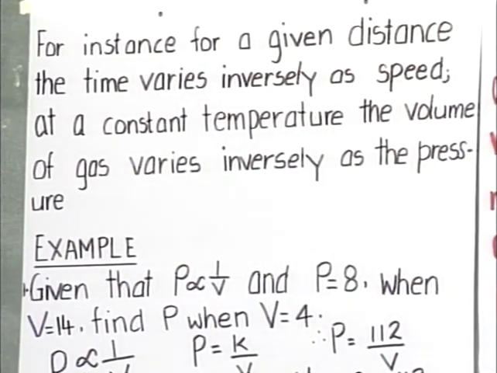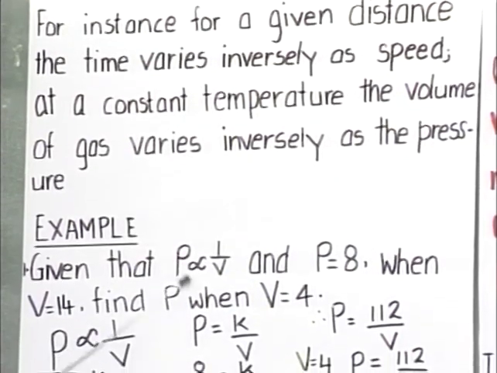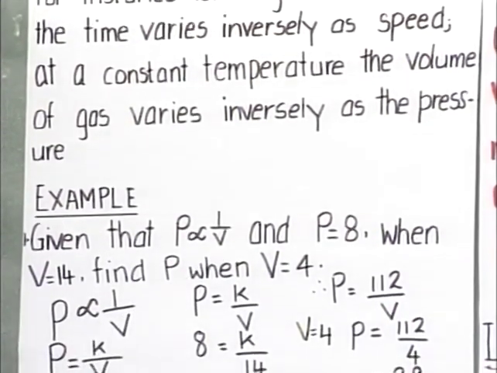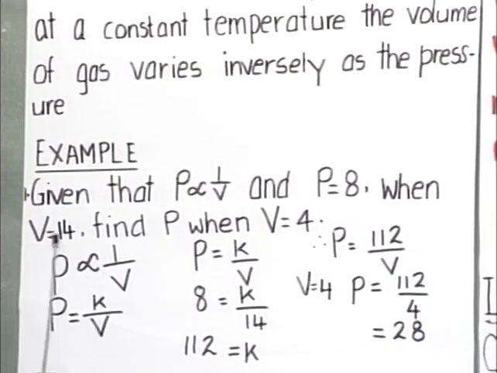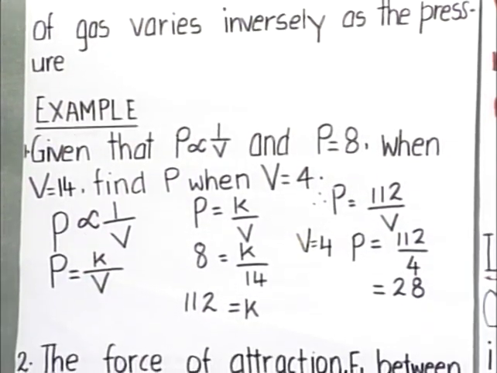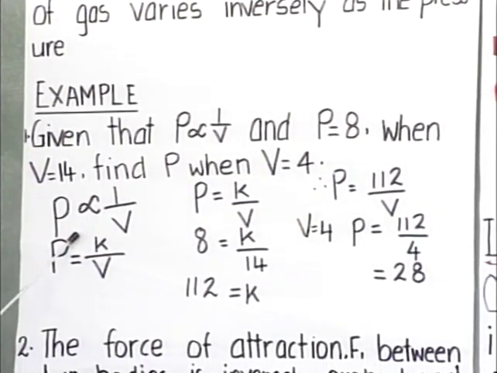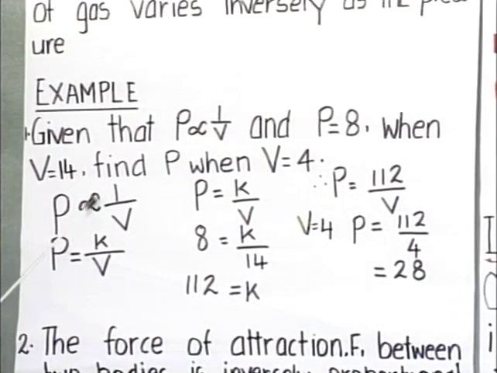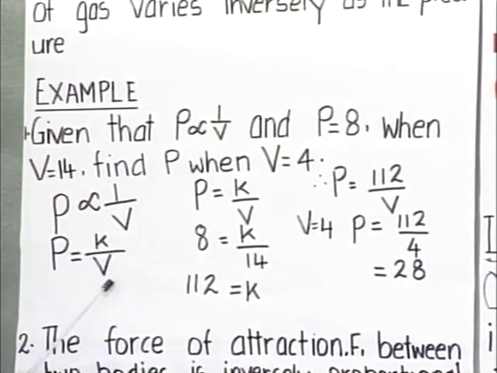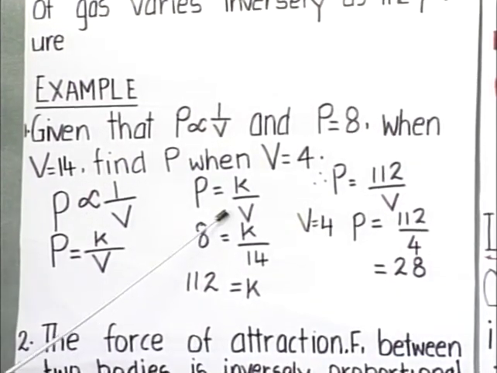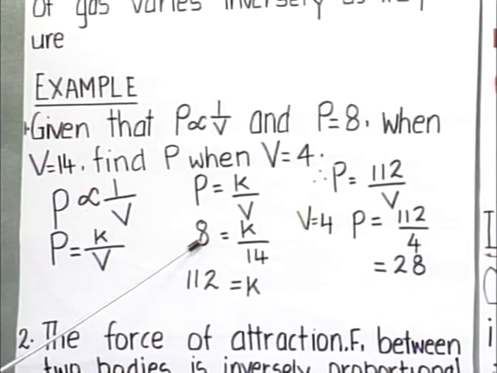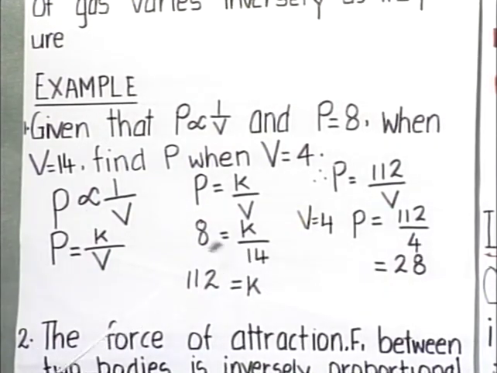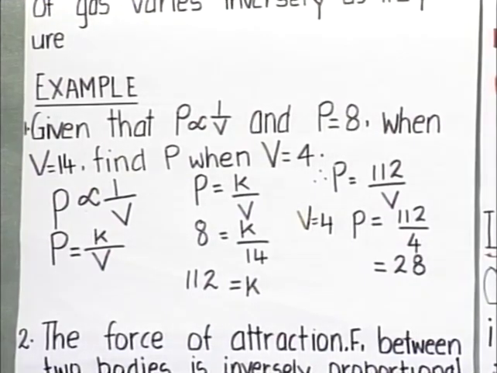Example number one. Given that P varies inversely as V, and P is equal to 8 when V is 14, find P when V is 4. P varies inversely as V, so P varies as 1 over V, and P is equal to k over V. Substituting P as 8 and V as 14, k is 8 times 14, which is 112.